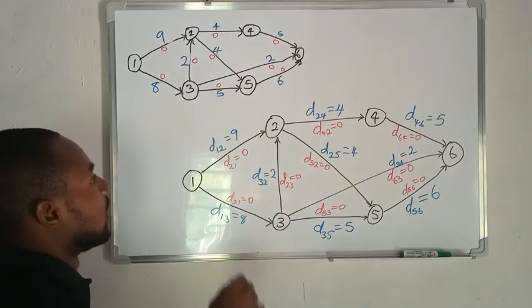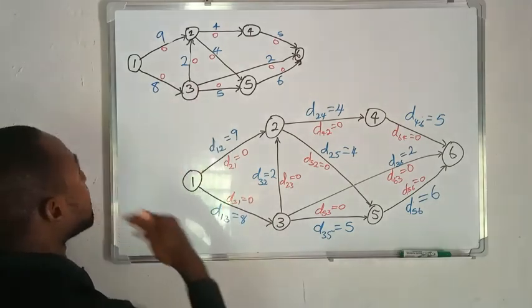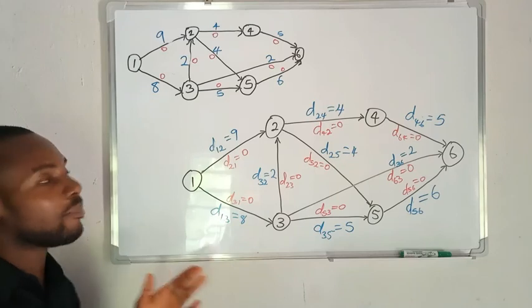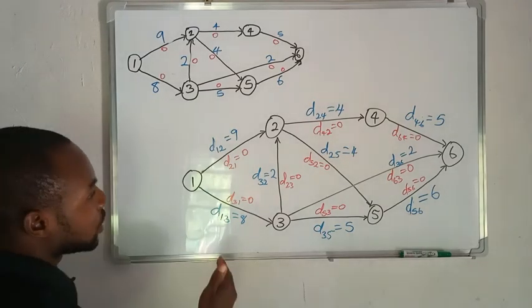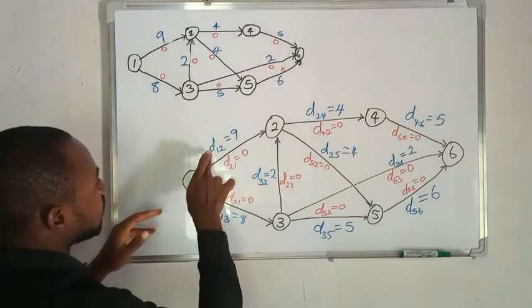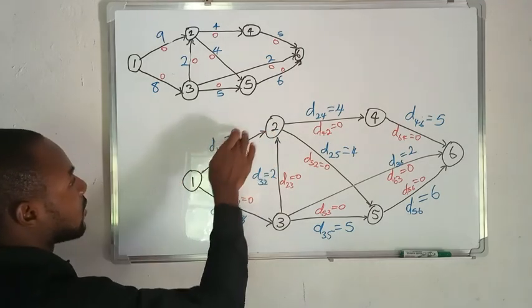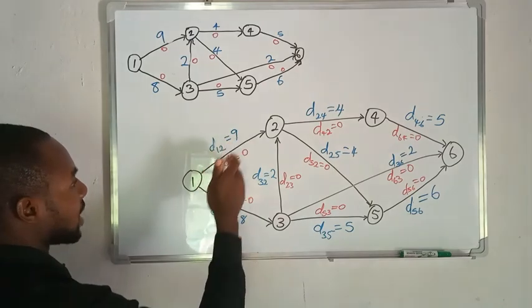Right here, I have two diagrams, the big one and this. Before we start using the label algorithm method, we should have something like this. This is a D12 that is showing the direction of the arrow. Right here we have D12 equal to 9. We have D21 equal to 0.